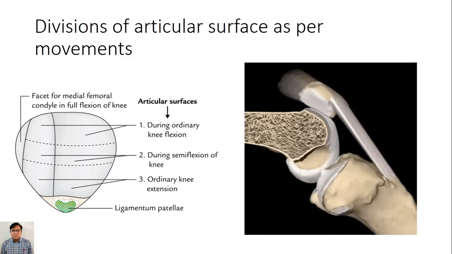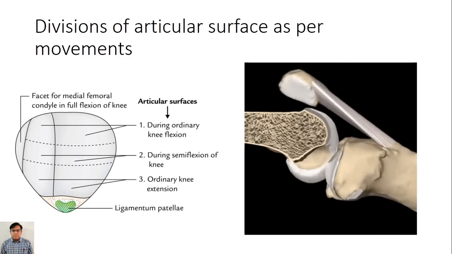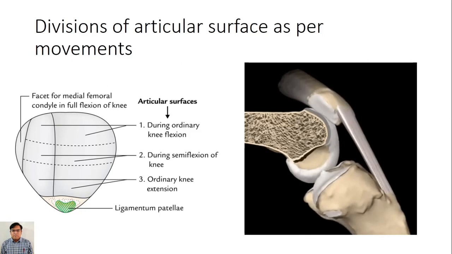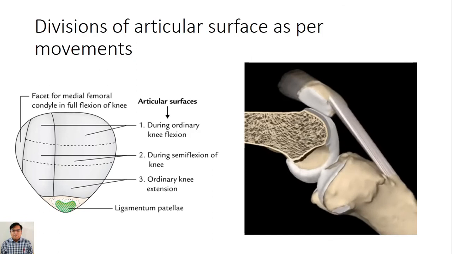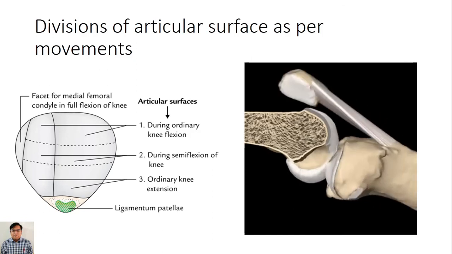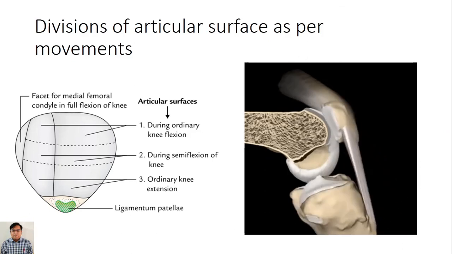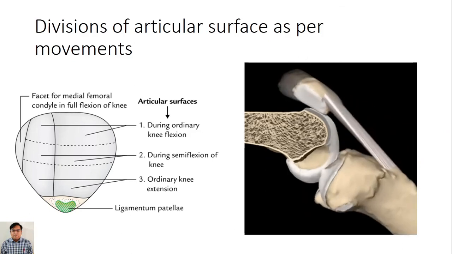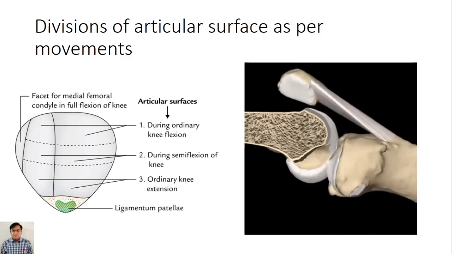The upper part takes part in the ordinary knee flexion, and middle part takes part in semi flexion of knee, and lower part takes part in ordinary knee extension, while the medial most part takes part in full flexion of the knee.